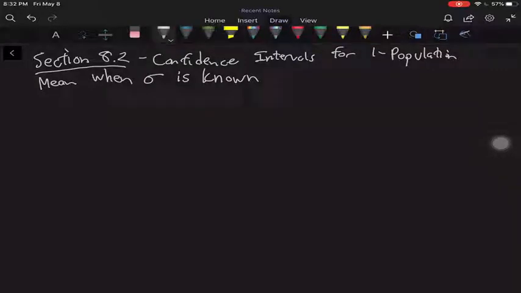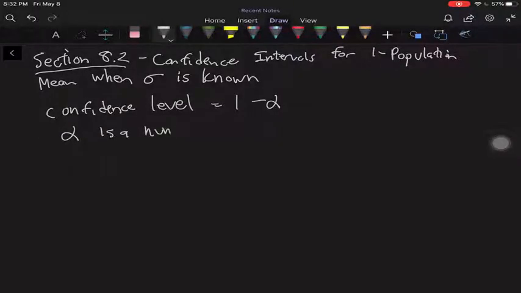In general, we want to write the confidence level in the form of 1 minus alpha, where alpha is a number between 1 and 0.